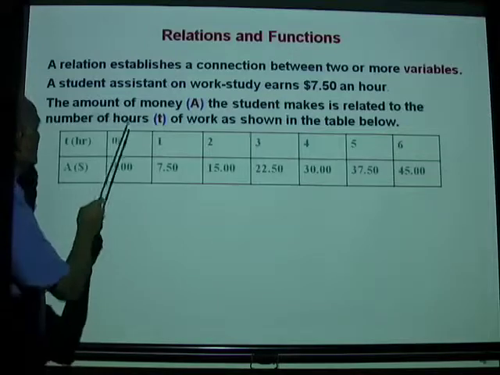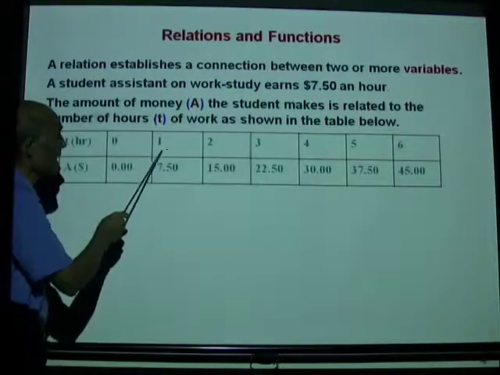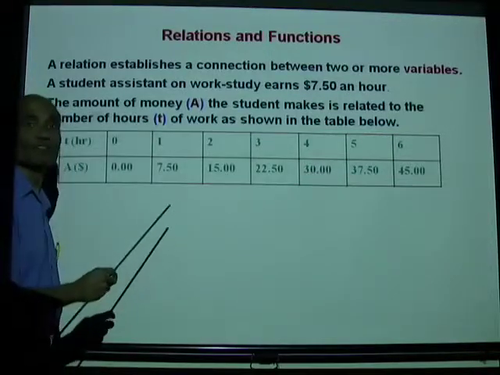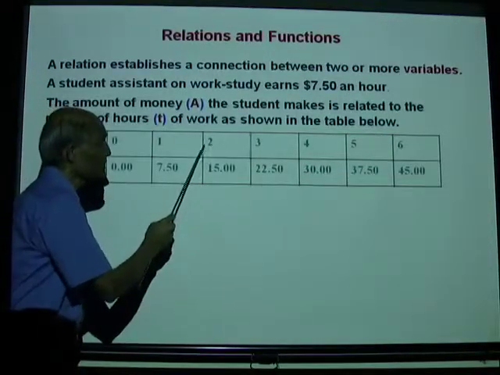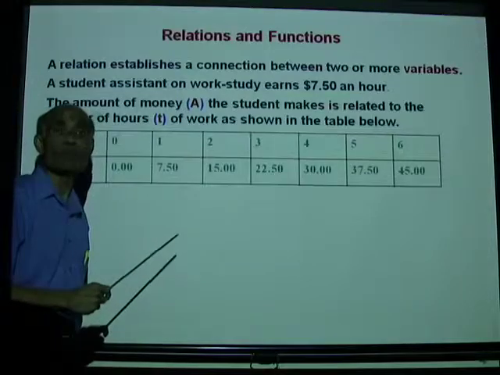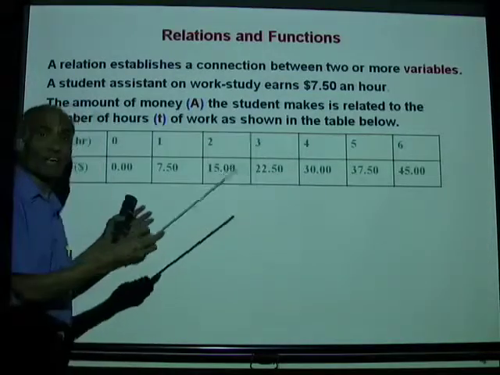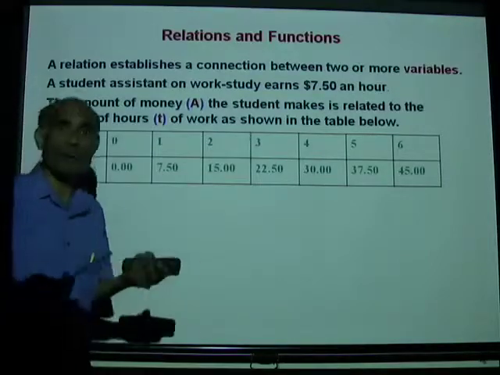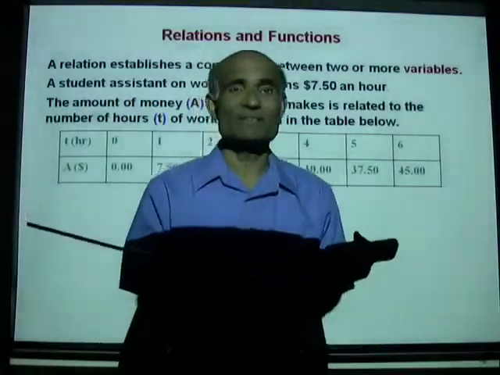Look at this. When a student works for 1 hour, the student takes home $7.50. A student working for 2 hours takes home $15. Now, look at the relation between two variables. What are the two variables here?